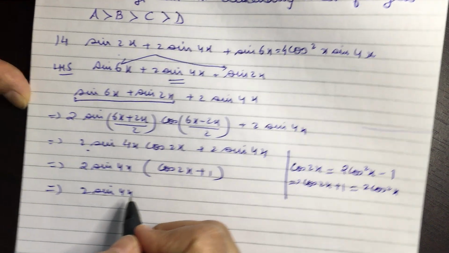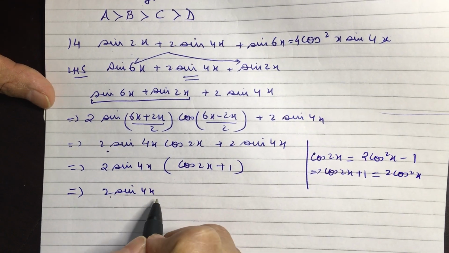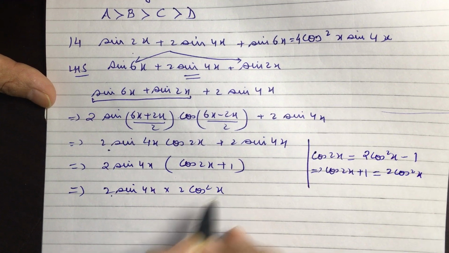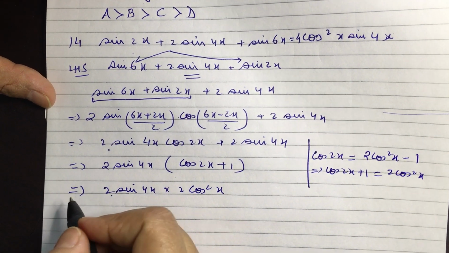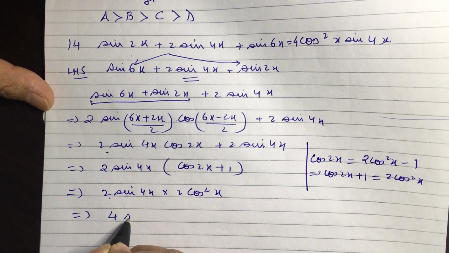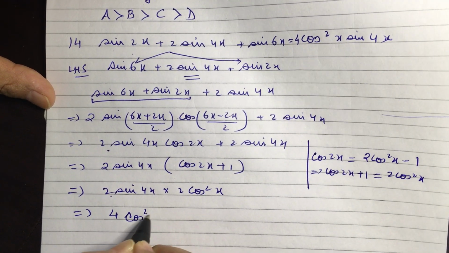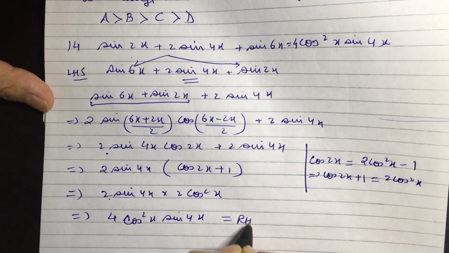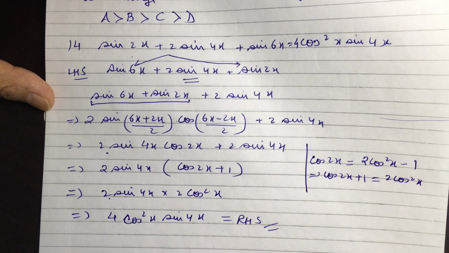Now substitute over here. So what do we get? 2 sine 4x into 2 cos squared x, and this gives us the result as 4 cos squared x sine 4x, which is the same as the RHS, hence proved.